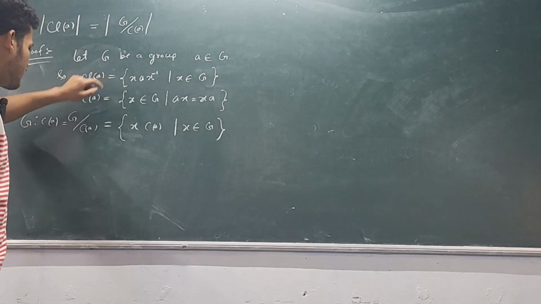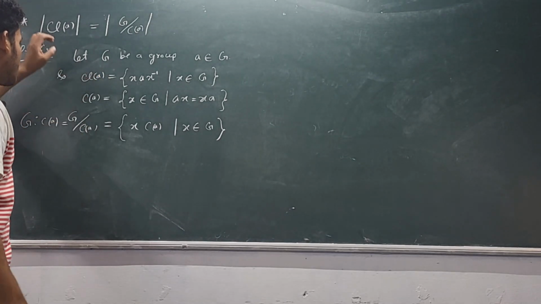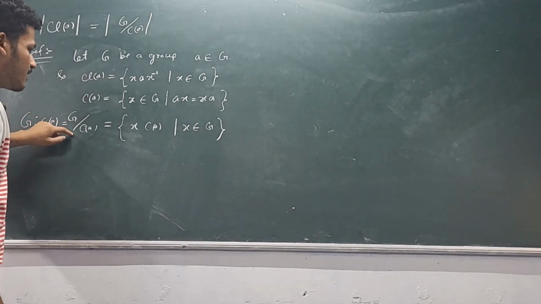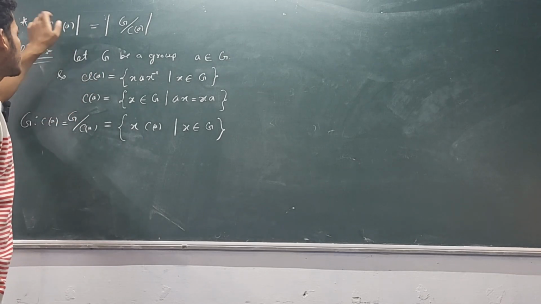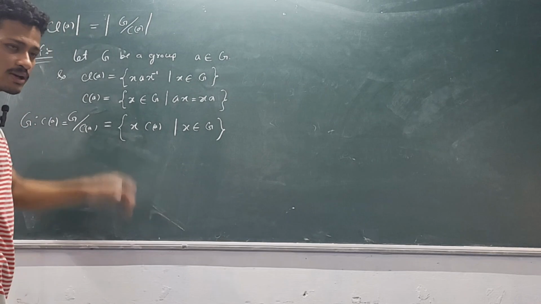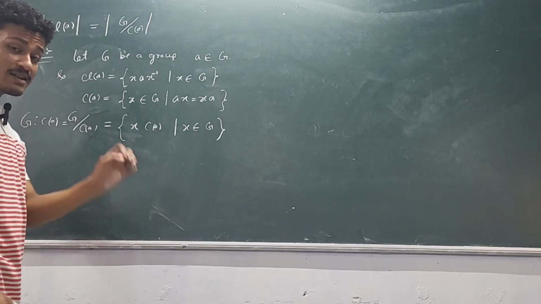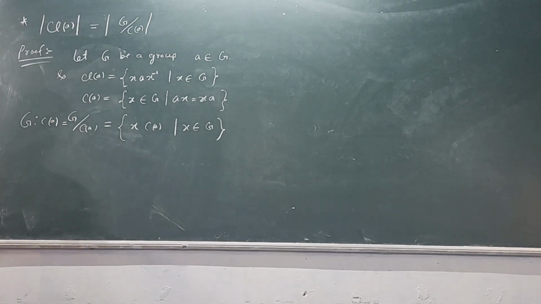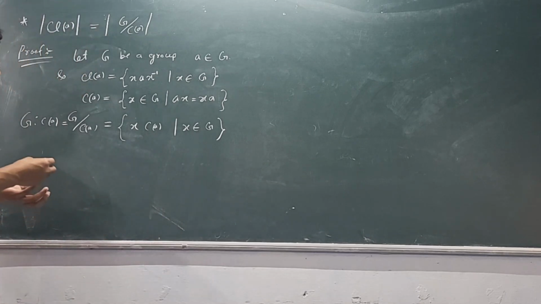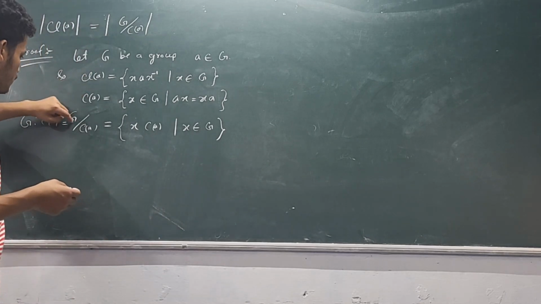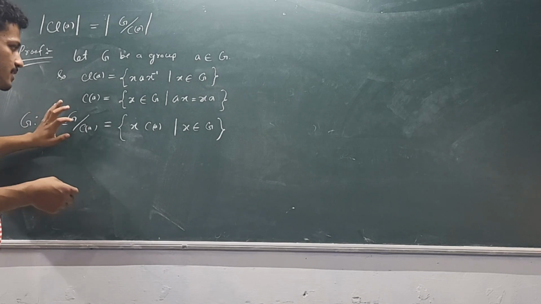If we can make a bijection between them, then we can say the number of elements, the orders, are equal. So first, make a function from this to this.